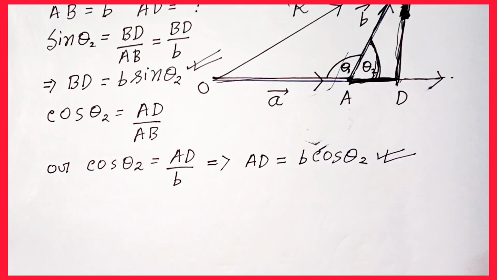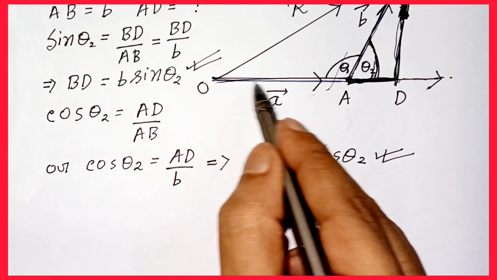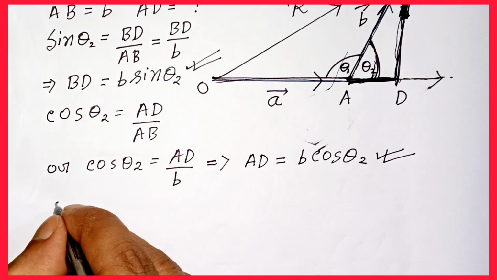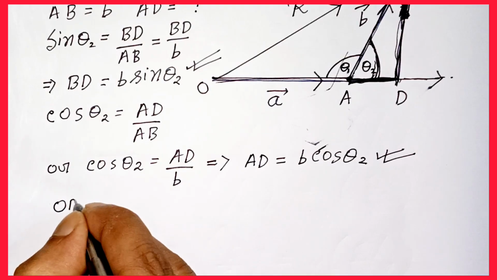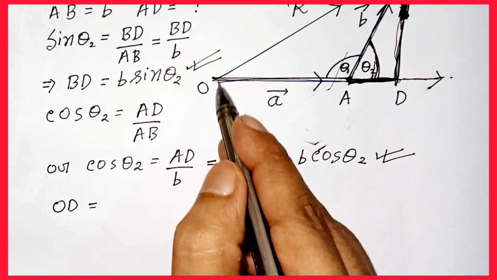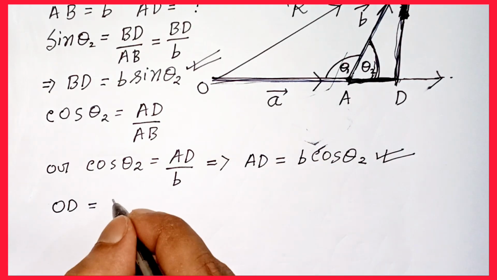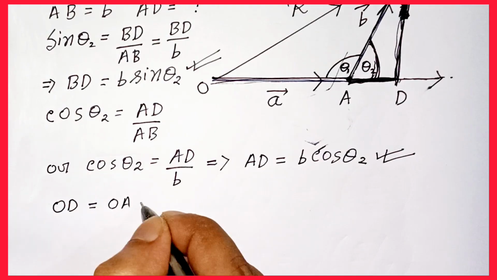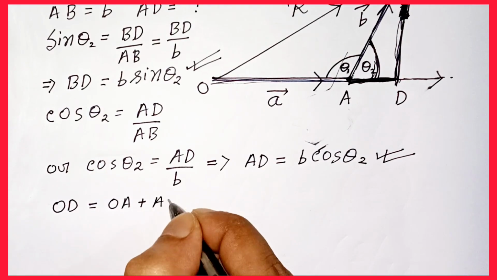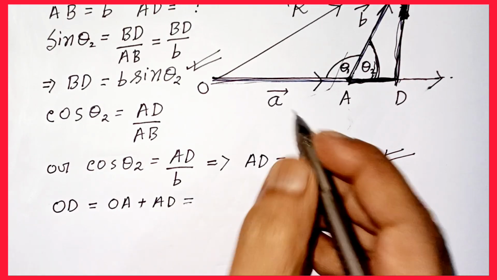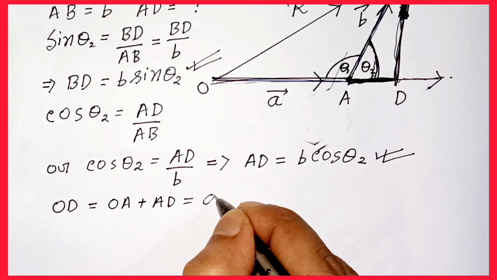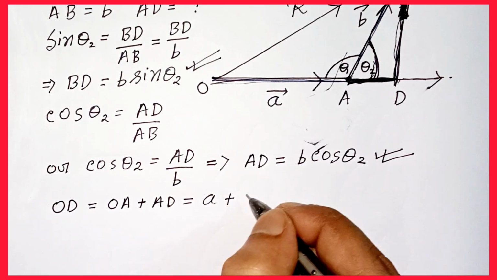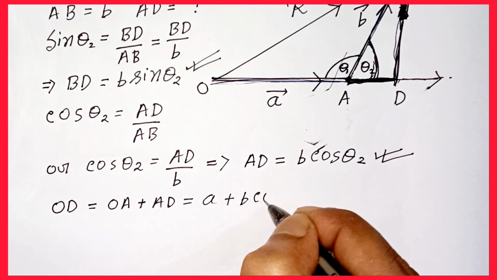So finally BD and AD are now known, not unknown. Anyway, what is the length of OD? You can say OD equals two parts, which are OA and AD. What is OA? A. What is AD? b cos theta 2.